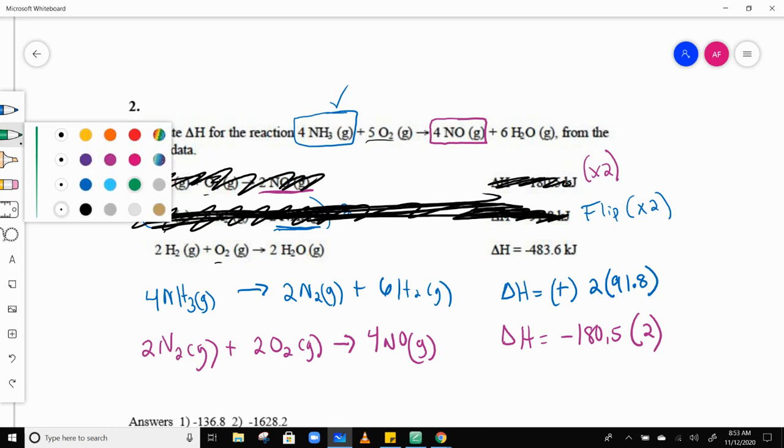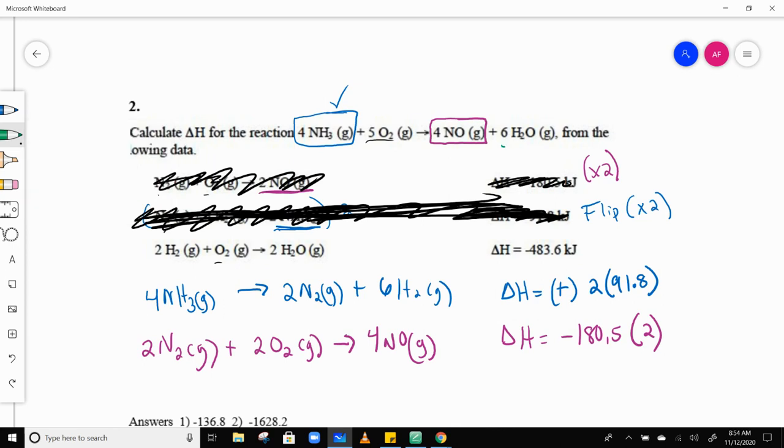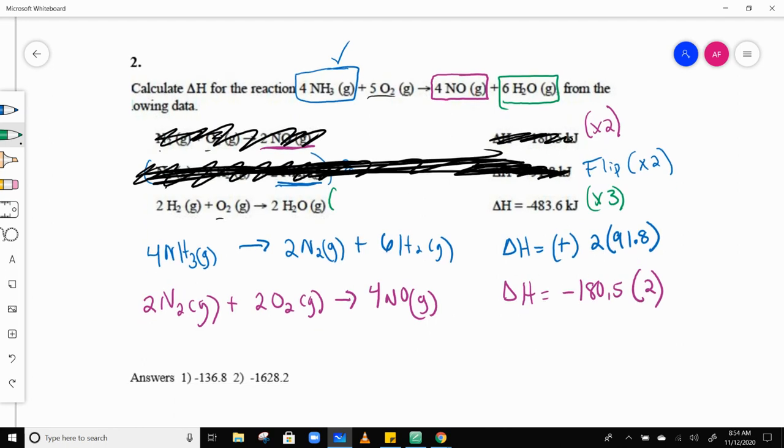Then the last equation, I need to get the O2s, but again, like I said, I have multiple O2s. Usually those things work themselves out, but I do have to get H2O. So H2O gas, this one I have to multiply by 3. It is on the right side, but I need to multiply by 3. So multiply everything by 3, get 6 H2 gas plus 3 O2 gas yields 6 H2O gas.